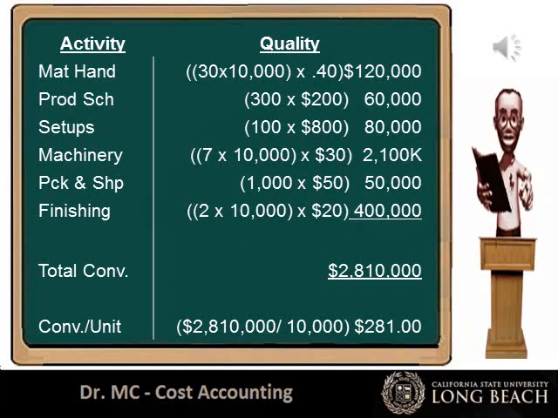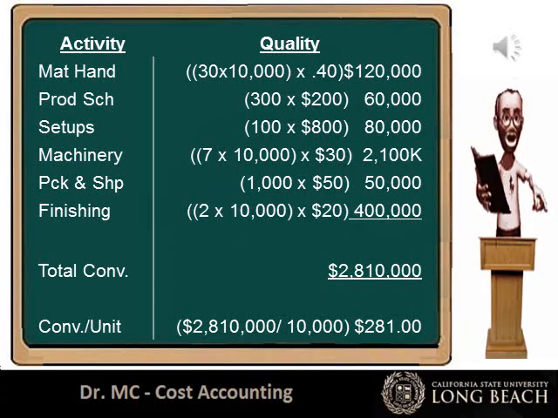The machinery maintenance costs applied to all of the quality units are $30 per machine hour times 70,000 machine hours, which is $2,100,000. The packaging and shipping costs are $50 per order shipped times 1,000 orders shipped, which is $50,000.